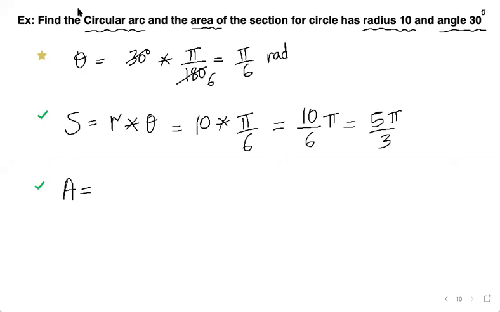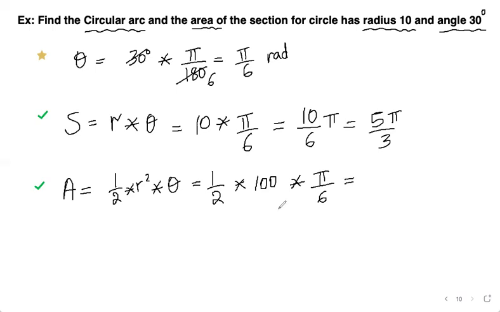So the answer is 1/2 times the radius squared. The radius squared is 10 times 10, 100, times the theta. The angle here is pi over 6. Must be in radian, pi over 6.